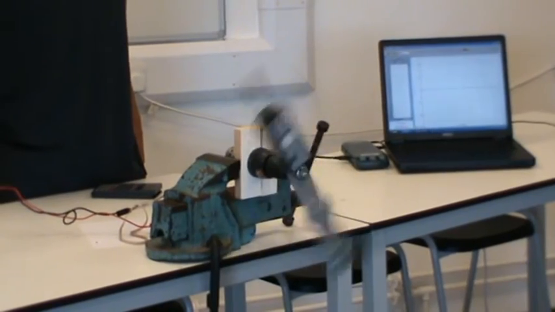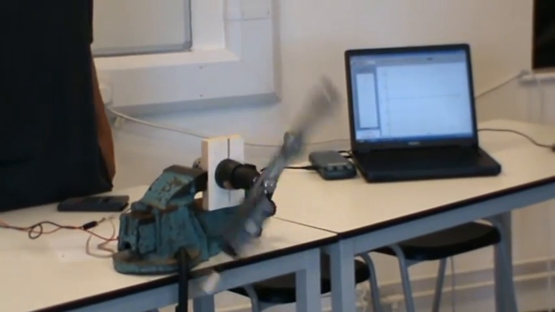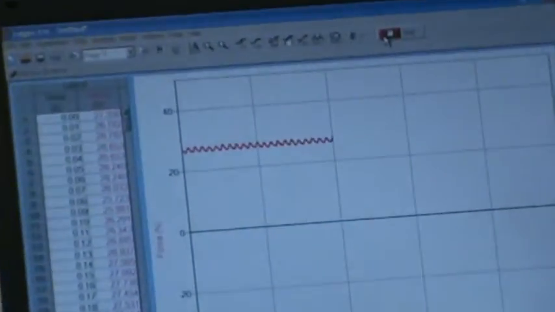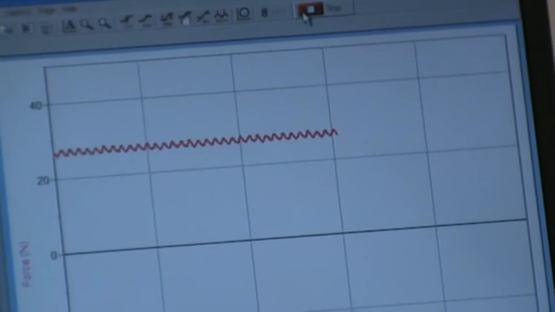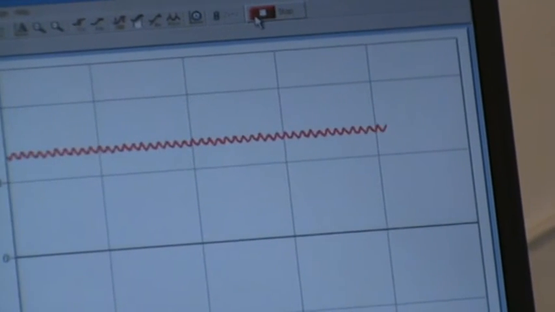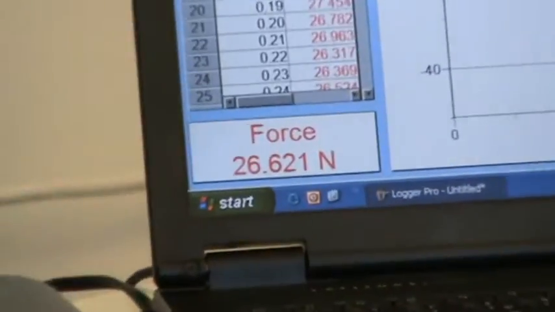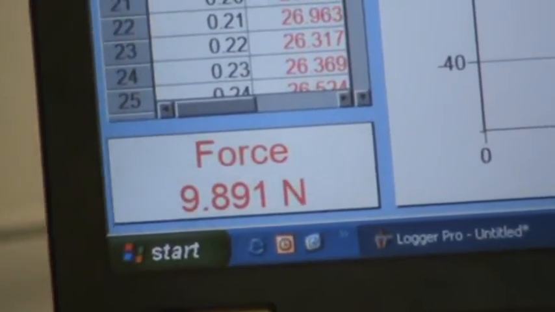Okay. Spin steady. Yep. Good. Nobody heard.